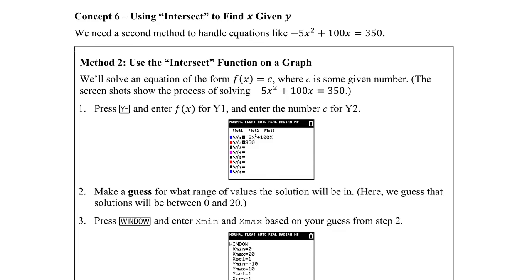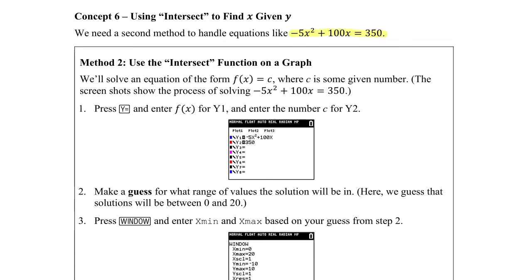So here we have detailed step-by-step instructions for solving an equation of the form a function of x equals a number on the calculator using a graph. And we're going to follow these instructions using this equation, negative 5x squared plus 100x equals 350.